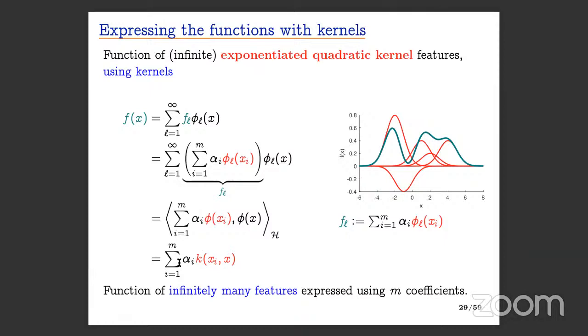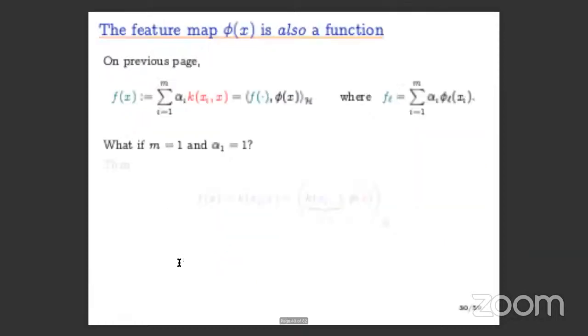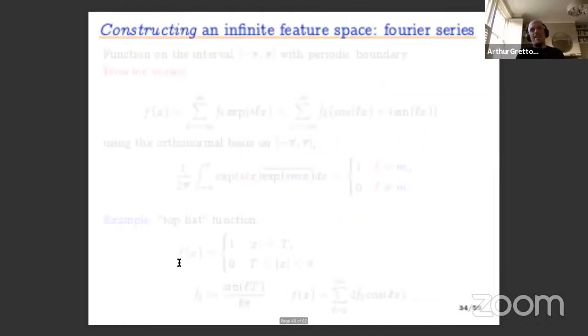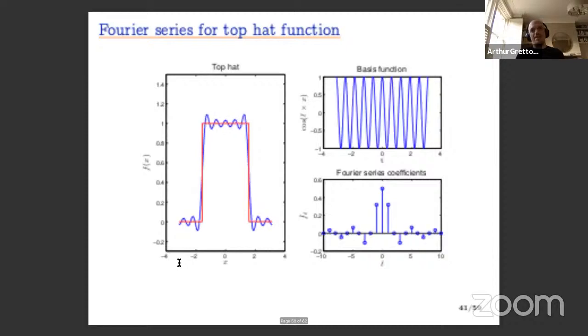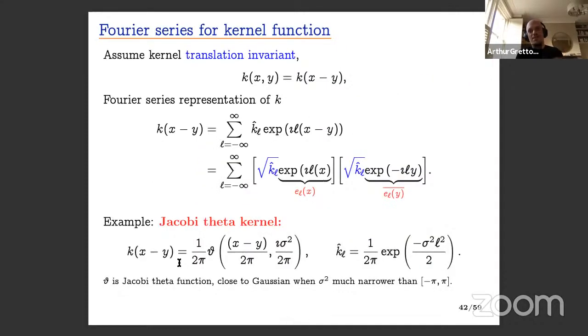So basically, if your kernel has a Fourier transform, or more generally, if you have this sort of eigen expansion, you will be able to define feature spaces. So in a sense, I have here this k hat, et cetera, and this arises because I have a Fourier transform.